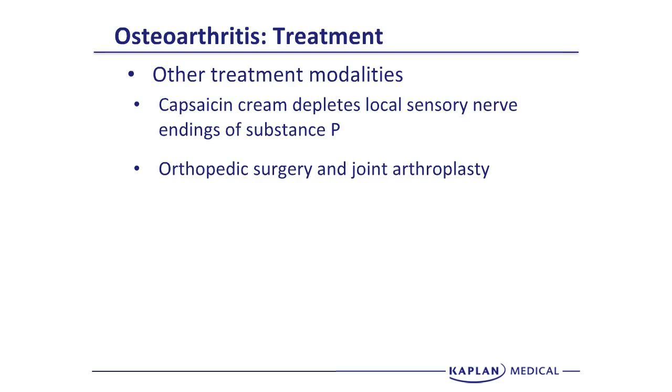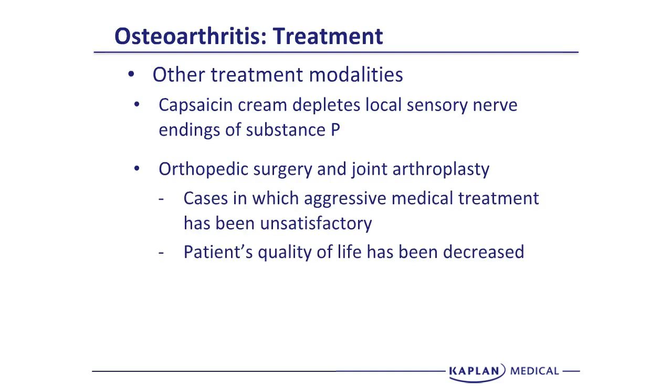In those patients that have very aggressive medical treatment which has not been satisfactory, you probably are going to recommend surgery, especially if it compromises the quality of life of the patient.